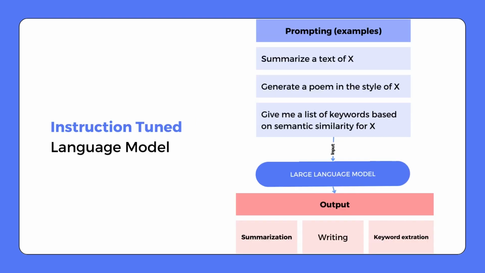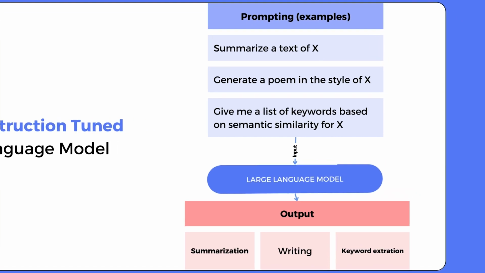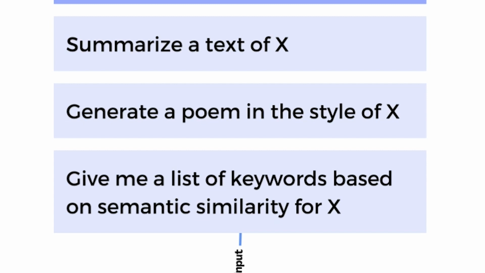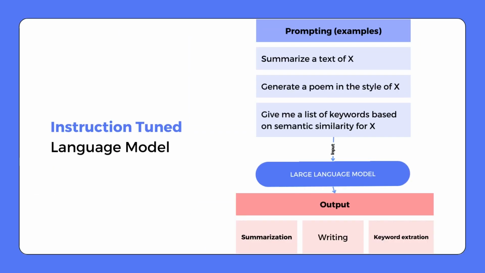Moving on to instruction tuned models. These models shine when it comes to generating responses. They take their cue from the instructions given in the input, whether it's a request to summarize a text, generate a poem in a particular style, or even classify a text's sentiment. It's like having your very own digital assistant, always on standby to carry out your instructions precisely.